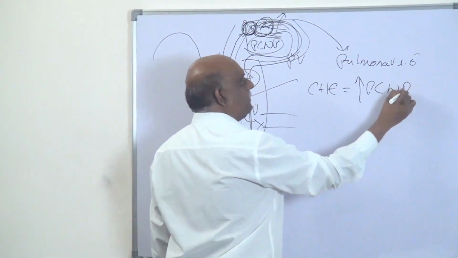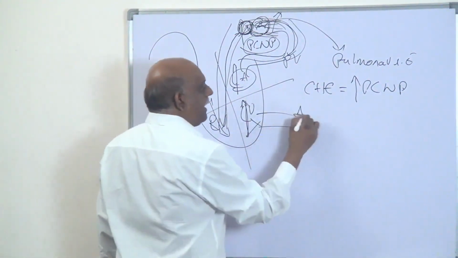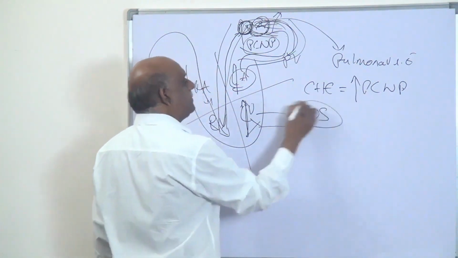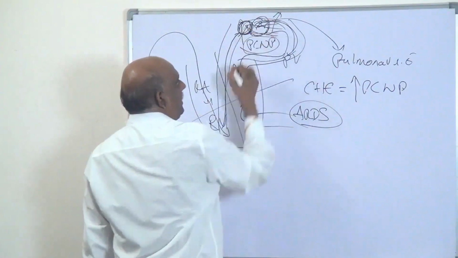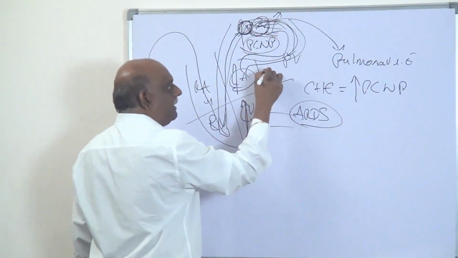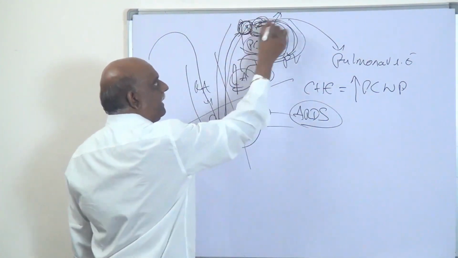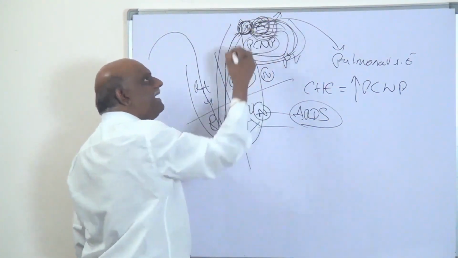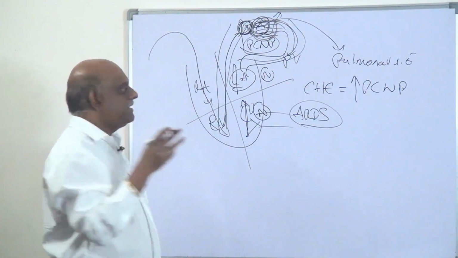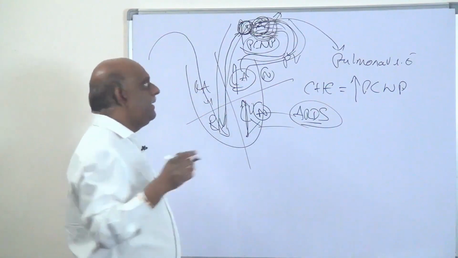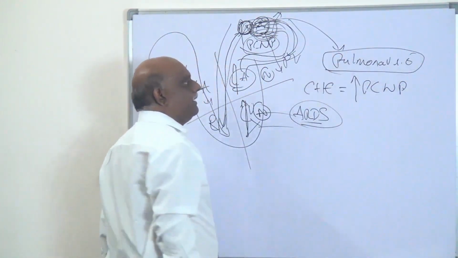pulmonary capillary wedge pressure. There is one more situation which is called ARDS, acute respiratory distress syndrome. What happens here? The left atrial pressures are normal, the left ventricle did not fail, but the pulmonary capillaries become very leaky. Their vascular endothelial permeability increases in ARDS, and because of that there is a development of pulmonary edema.